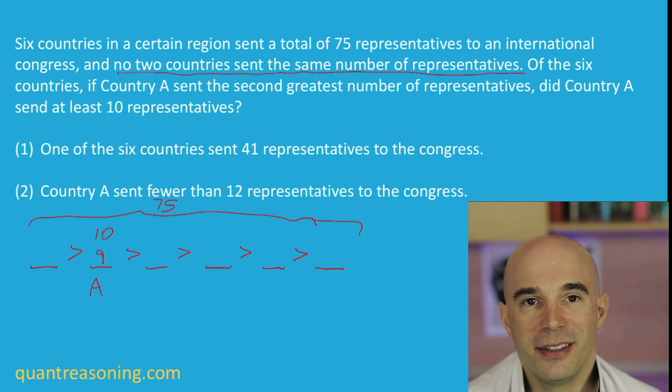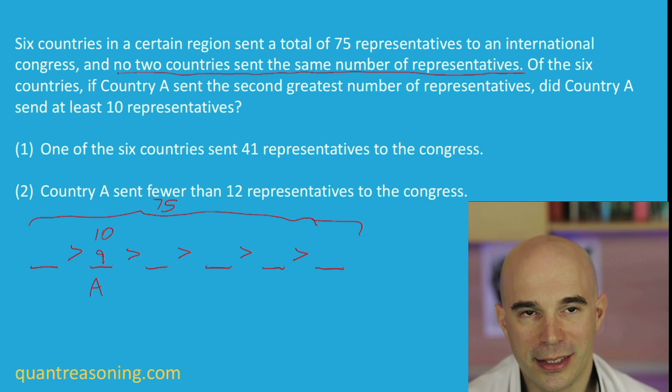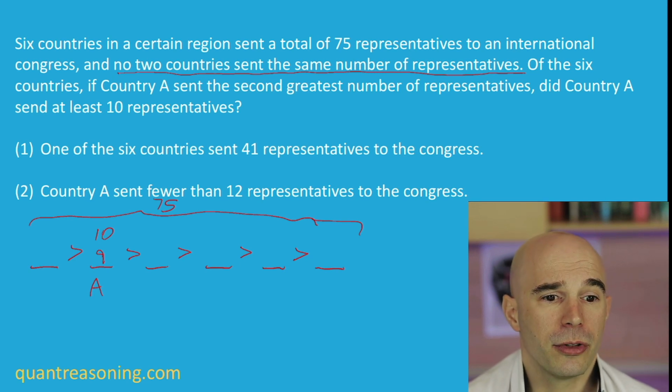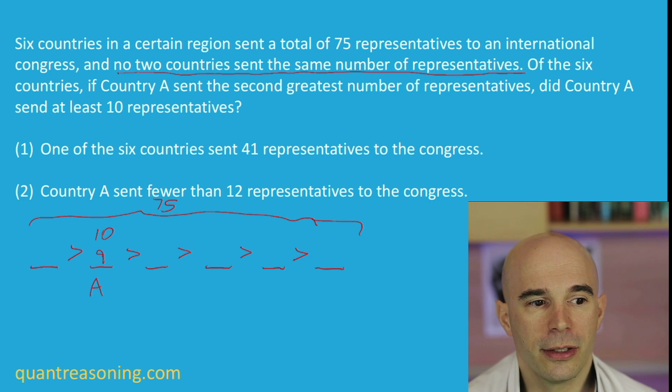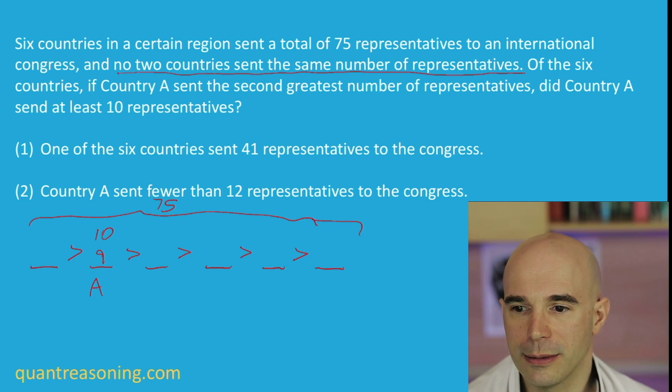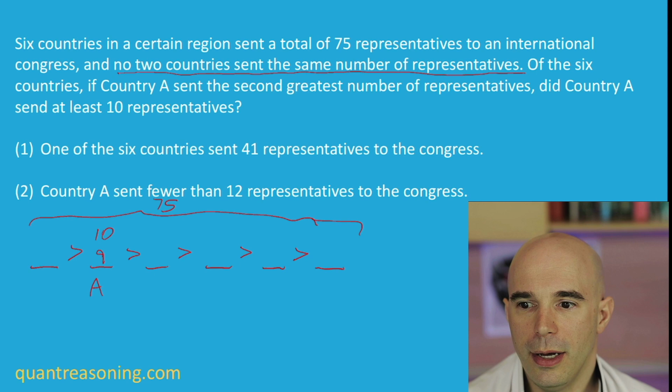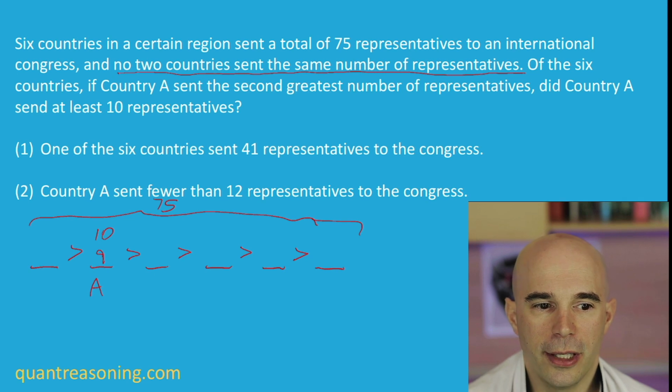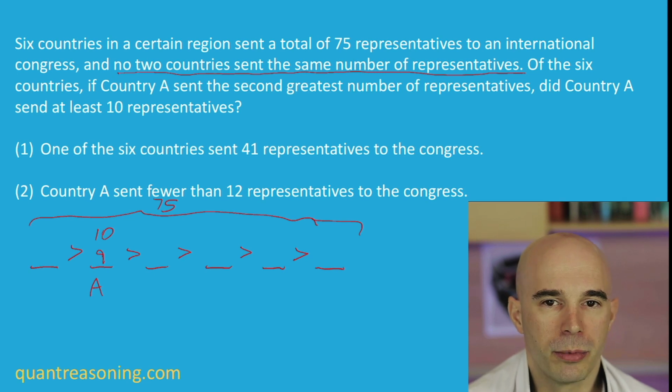And it's funny, earlier today I was talking about when it is appropriate to test cases. Well, here we go. Here is a situation where it is appropriate to test cases because there's a very limited number of possible cases to test. There's not an infinite number of possible cases. We just want to see whether it's possible for A to have 9 and also for A to have 10. If it is, then we've proved insufficiency.